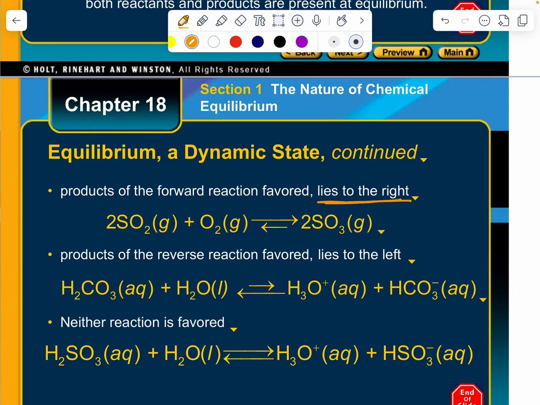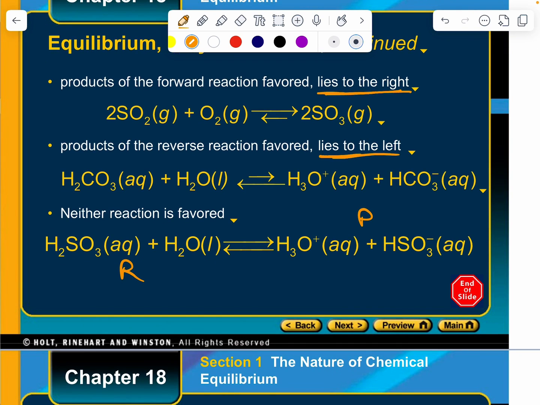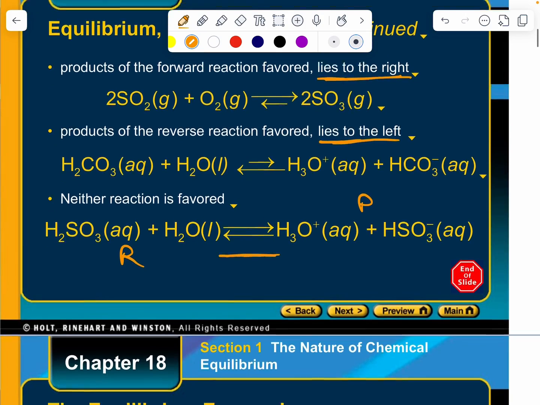But here we have the opposite, which means it lies to the left. Neither reaction is favored when you have equal amounts or concentrations of products and reactants. As you see, the two arrows are the same size.